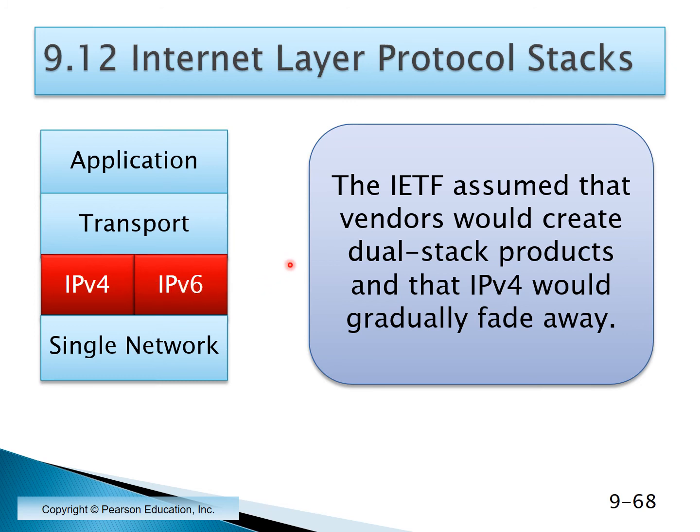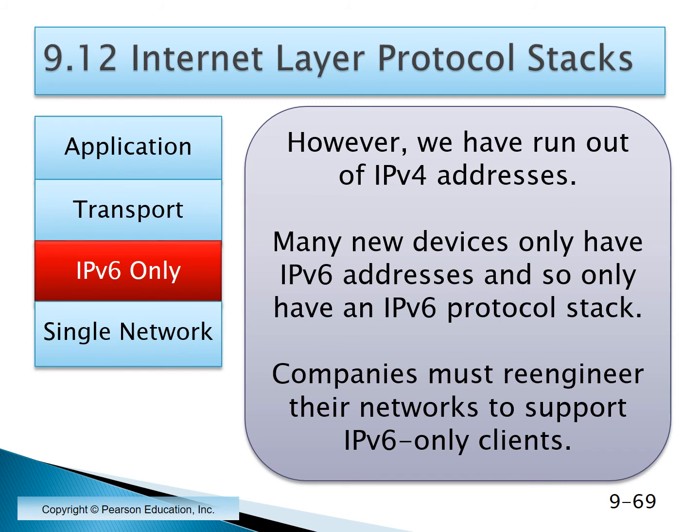So the IETF assumed that vendors would create dual stack products such that IP4 and IP6 are both supported, and hoped that IP4 would gradually fade away. Although it doesn't seem to be fading away now, and a lot of traffic on the internet is still on IP4, at least we have a lot of new devices that are running on IP6 only, so we will see how that goes.